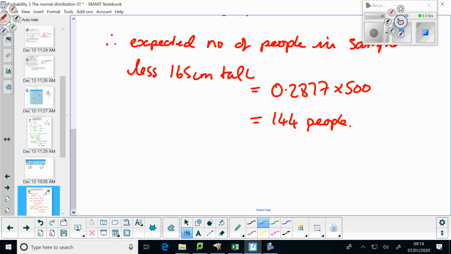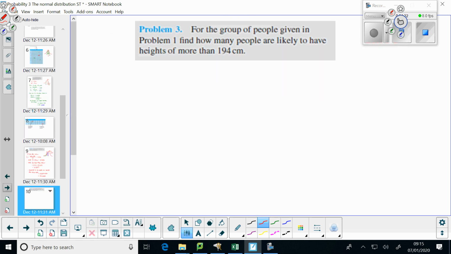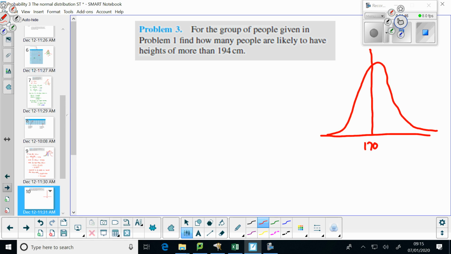So, problem 3. The same group of people given in problem 1, find out how many people are likely to have heights of more than 194 centimetres. So this time we're on the other side. There's our 170. There's a normal distribution.